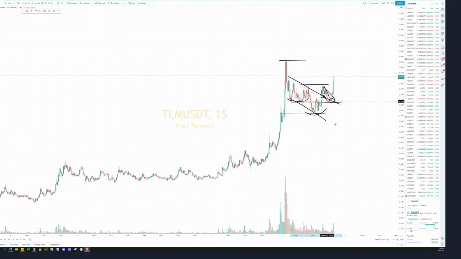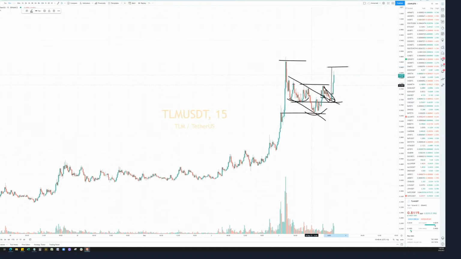So that looks like an inverse head and shoulders at the moment. Too late for me now, but if I was to say what the target was, initial thoughts will be that on the breakout. So that will be my first target.